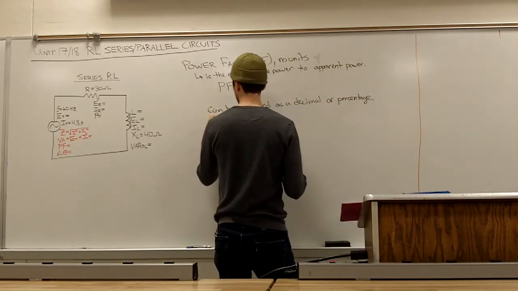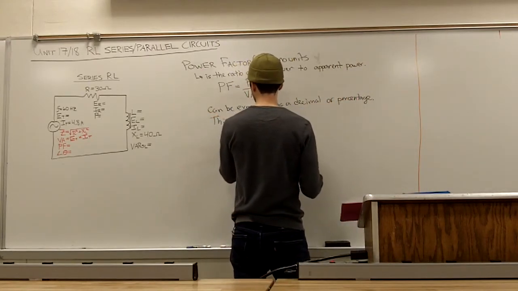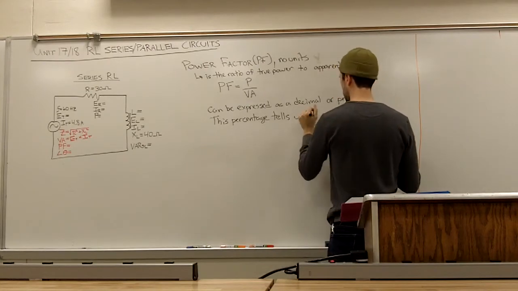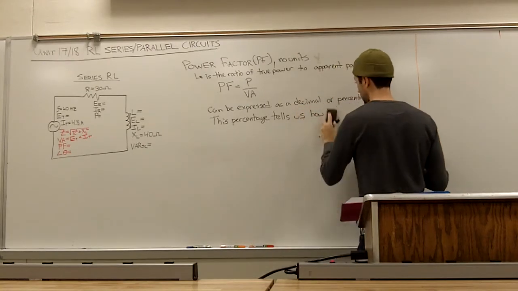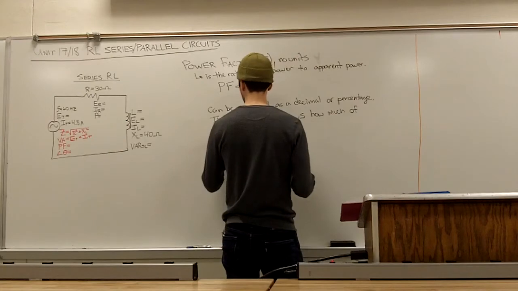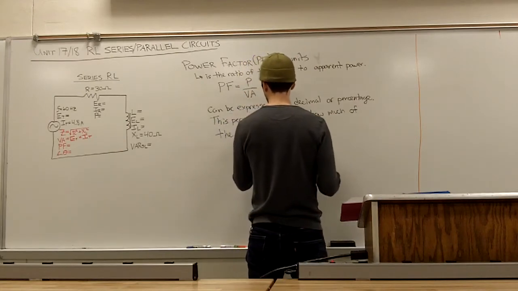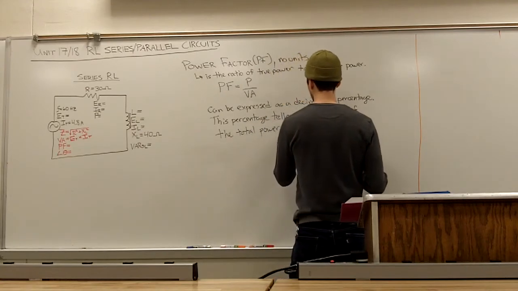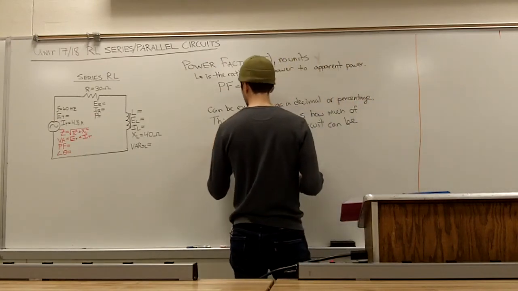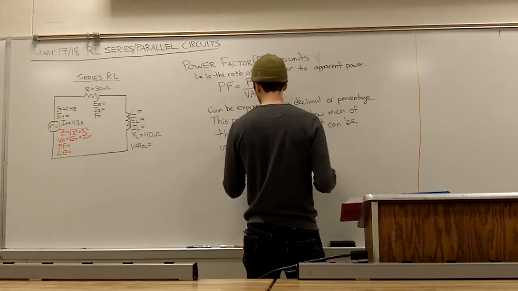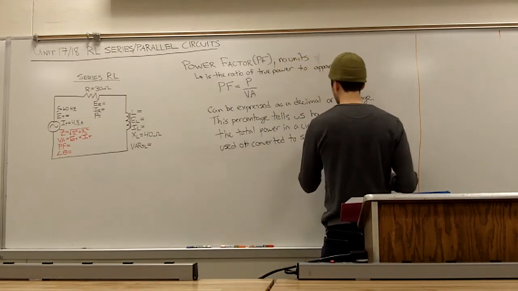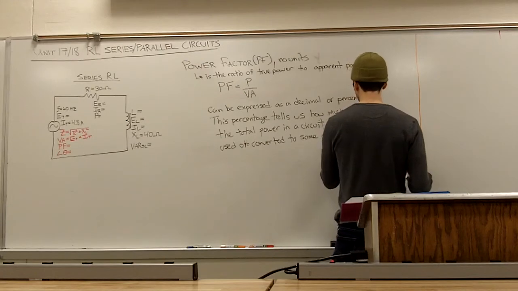This percentage tells us how much of the total power in a circuit can be used or converted to some other usable form.